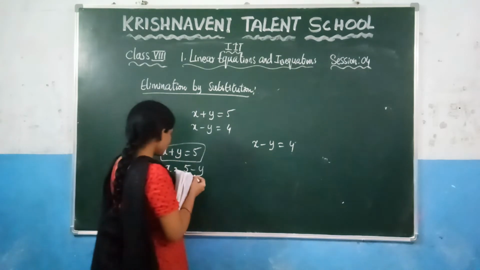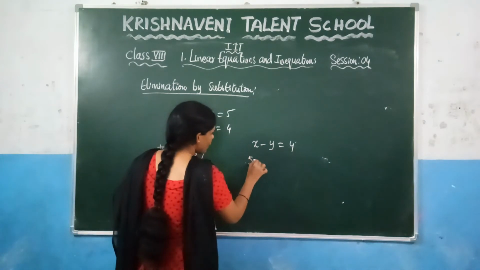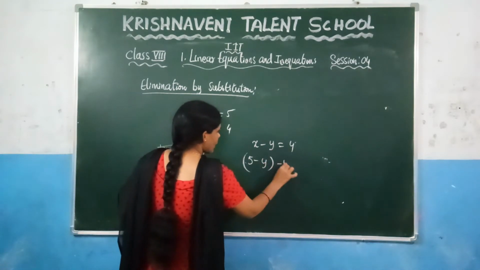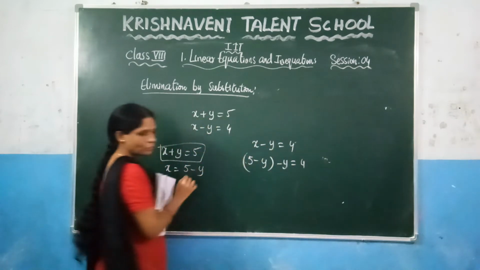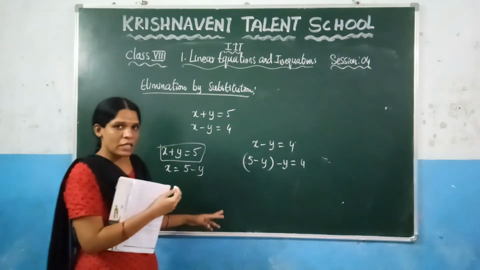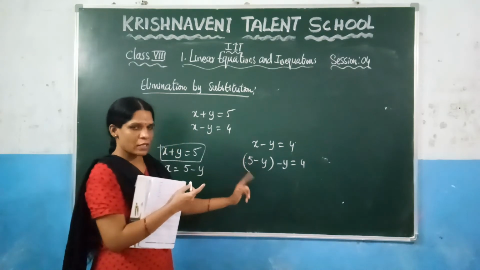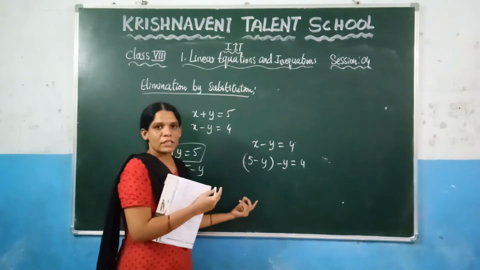So write it here: 5 minus y minus y is equal to 4. Just we have substituted the value of x. You can observe that we have changed this equation into the form of one variable, y. If you solve this, you will get the value of y.